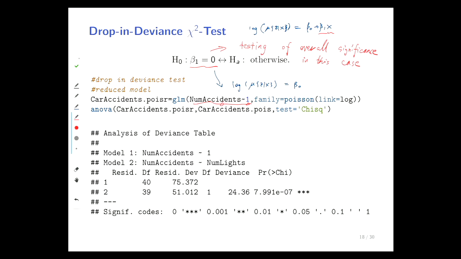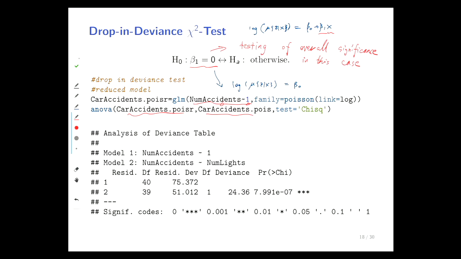And for the drop-in deviance test, the idea is just to compare the reduced model and the full model, and then look at the difference of these two models to construct the drop-in deviance test statistic. So here we have the deviances of these two models.